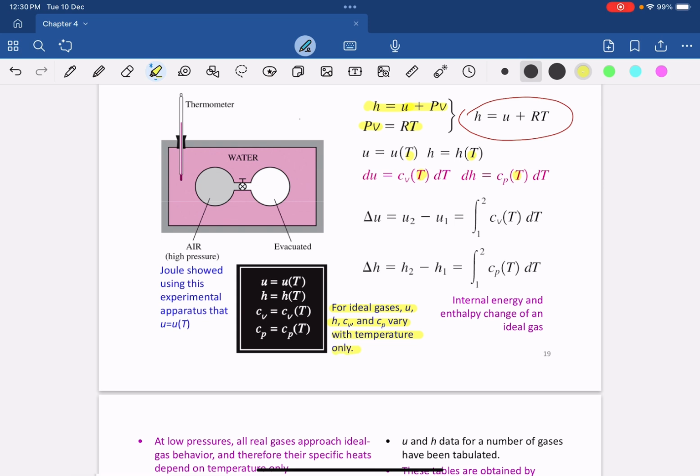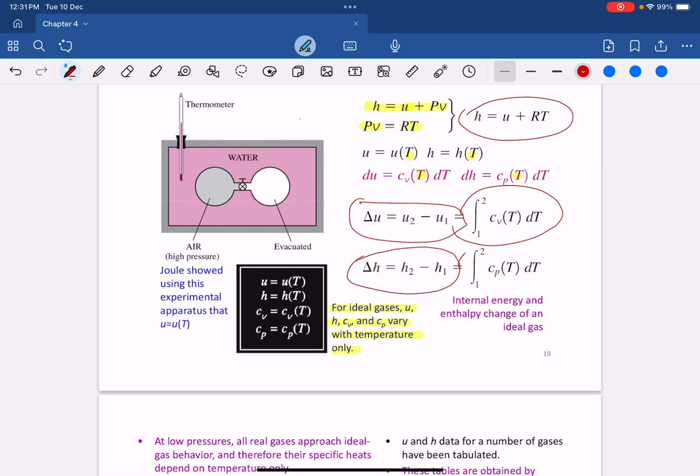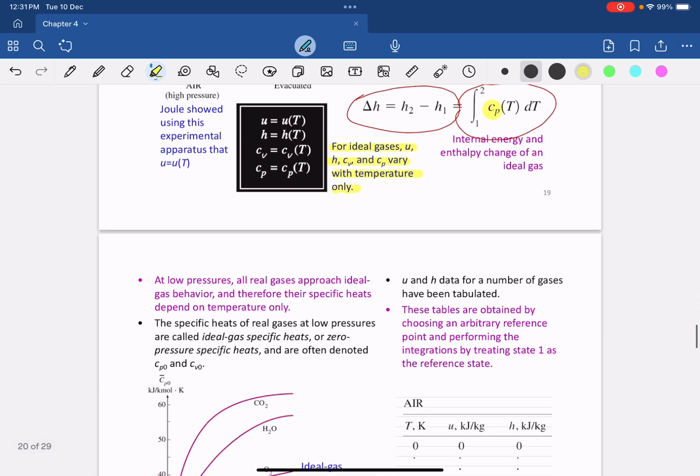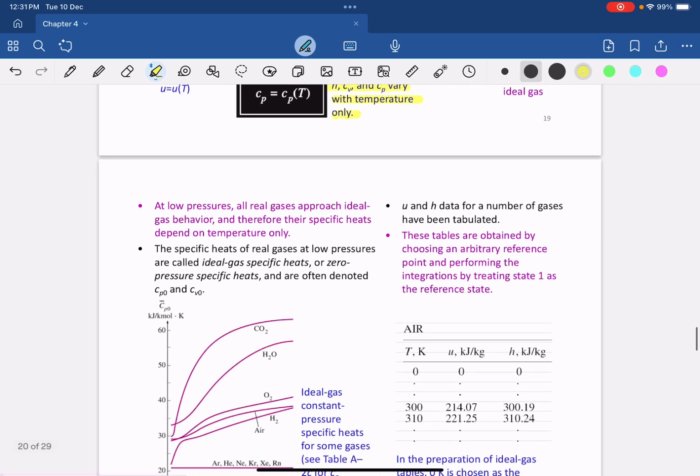This is the equation for how we calculate the internal energy change using the specific heat capacity, and also the enthalpy change using specific heat capacity. Remember, you need to pay attention to this difference: for internal energy, you use CV, and for enthalpy, you use CP.